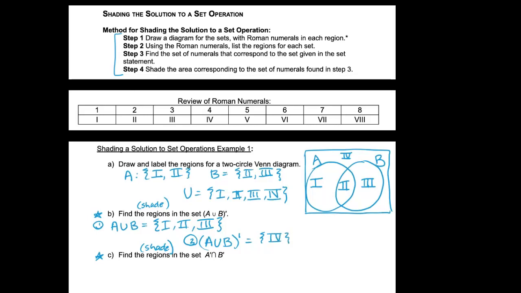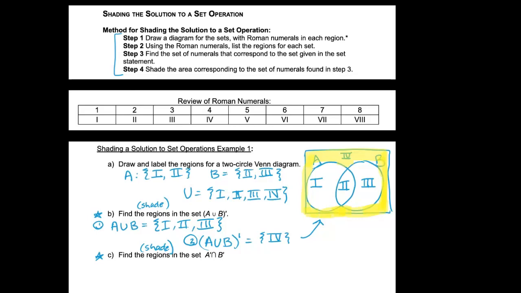But we want to actually shade that region. So I'm going to shade everything outside. I drew a pretty tight box here, but everything outside of those circles. And that would be the answer to B.